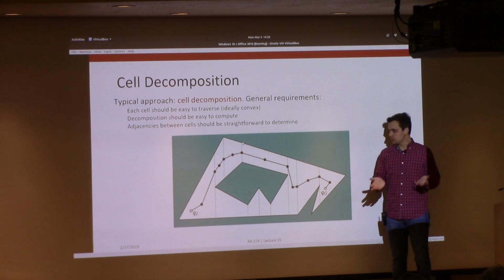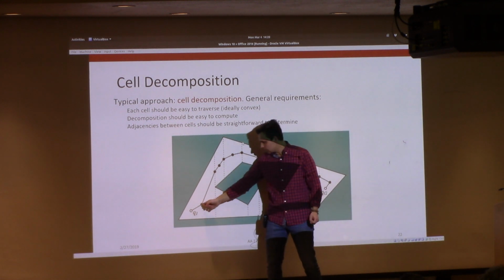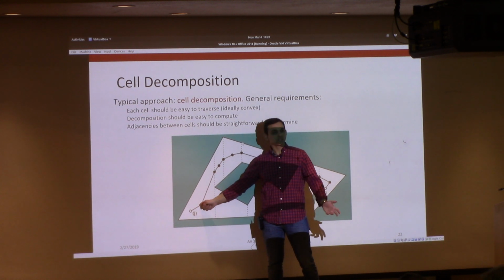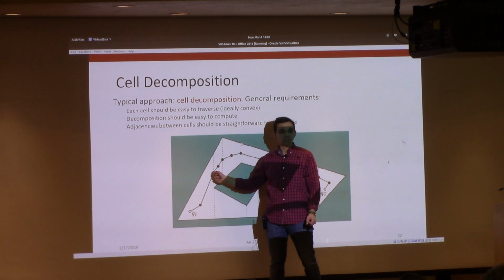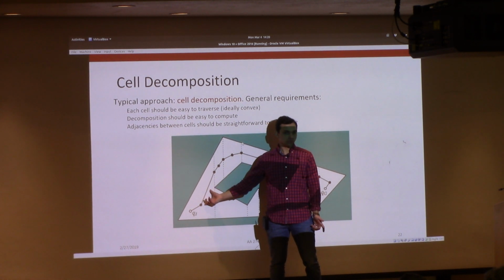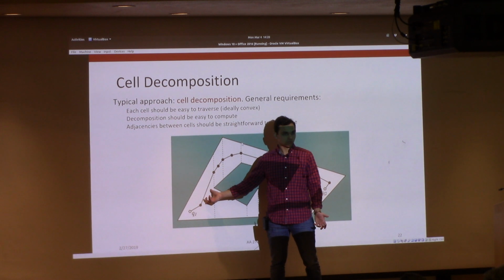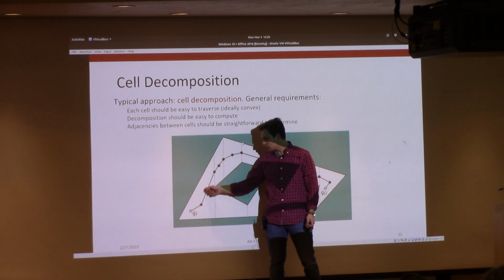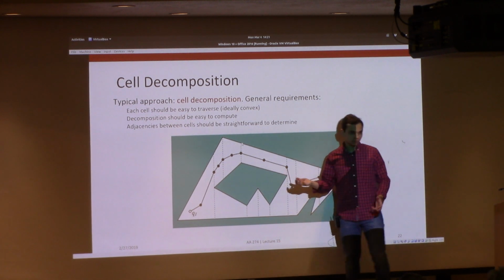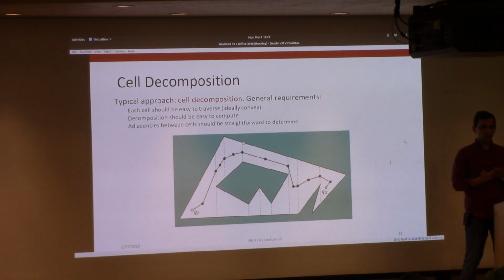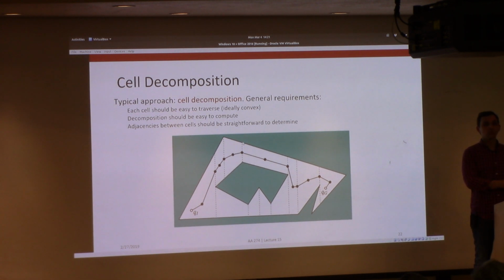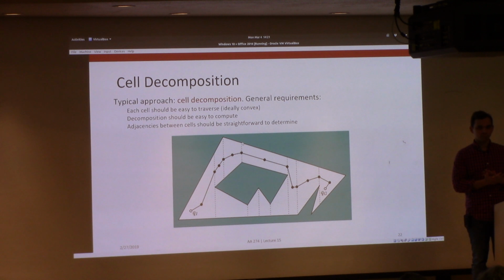The only thing that we need to do now is to tell how to connect every, let's say, center of a trapezoid with the center of the edge that it connects to. And what do we know about those trapezoids? They are convex. Because they are convex, each one of those edges is collision-free. So given a discrete solution on the graph, we can now transform it into a continuous path for our continuous problem. Okay?